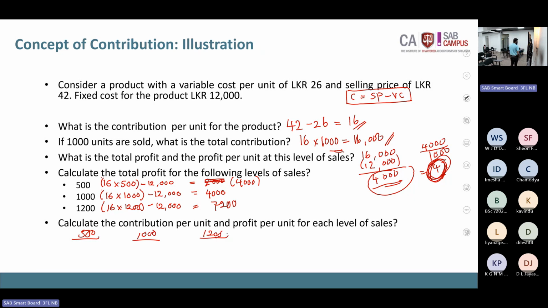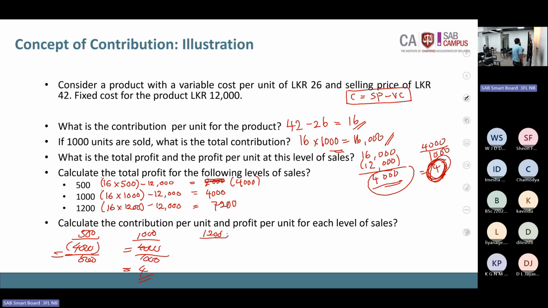Calculate the contribution per unit and the profit per unit for each level of sales. Profit per unit, we can calculate. Here we have the total profits. 4,000 minus divided by 500. Here 4,000 divided by 1,000.